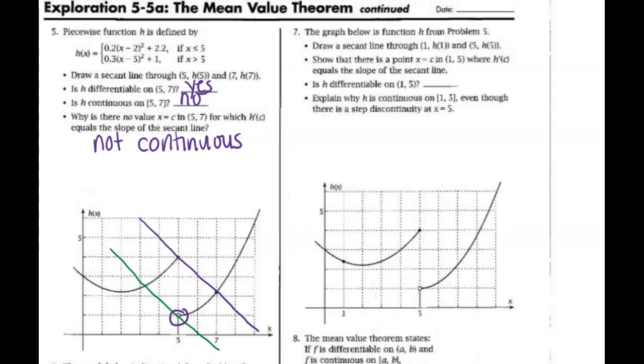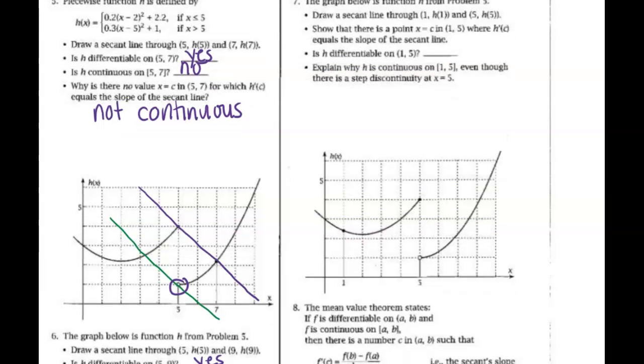So now we have the same graph one more time. So here we have the line between 1 and 5. Right there, can't draw it through that 5 because there's a hole. And so then we're showing that there's a point C where the derivative equals the slope of the secant line.